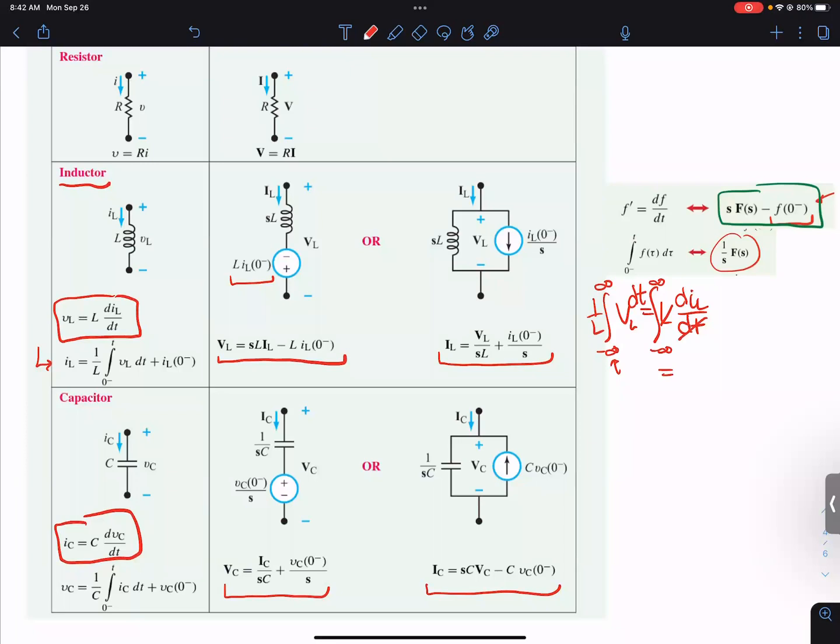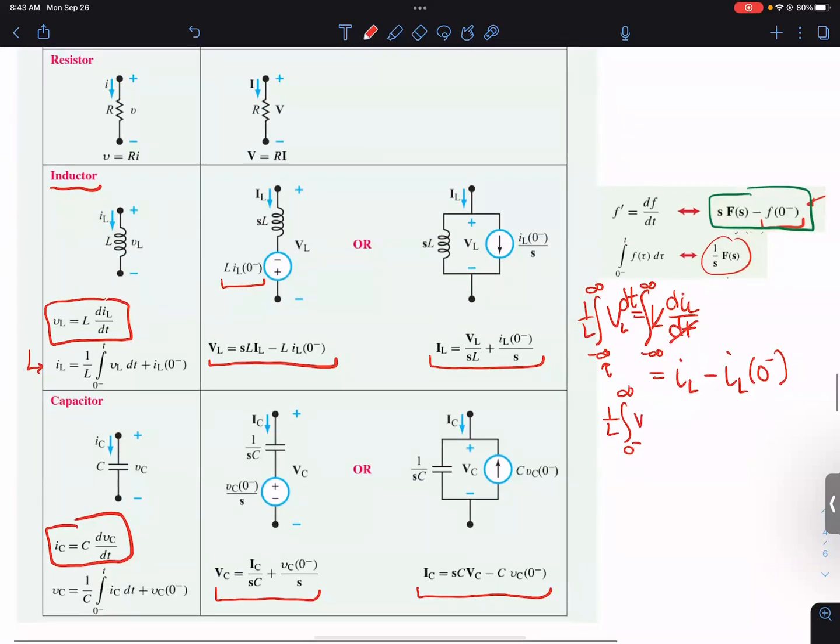To change those over to 0 minus, you have to integrate, taking the initial condition. So then this becomes I_L of 0 minus to infinity of V_L dt. And then you add the I_L of 0 minus over to the other side. So that's where the I_L equation comes from.